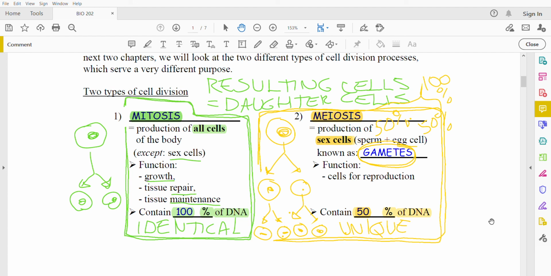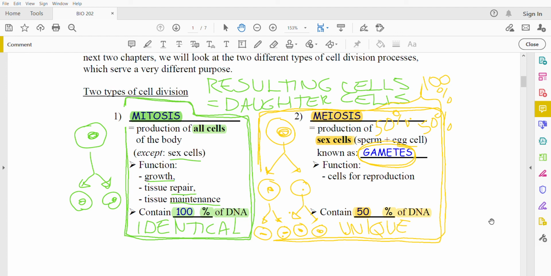I encourage you to compare and contrast those two with each other, and also reason out why you end up with these differences. So for example, you end up with 4 cells in meiosis because there are 2 rounds of cell division. You end up with 50% of the cell's DNA in the daughter cells in meiosis because there's no DNA replication between these 2 rounds of cell division.